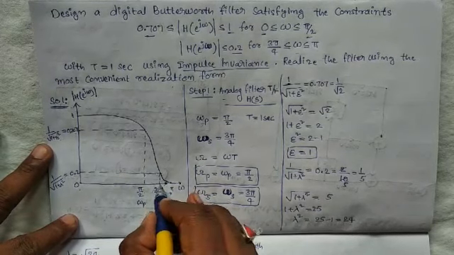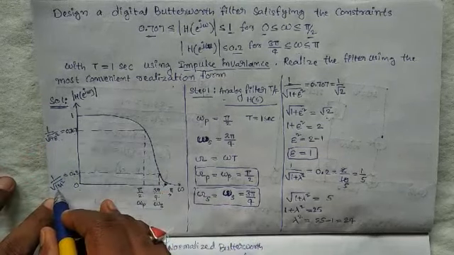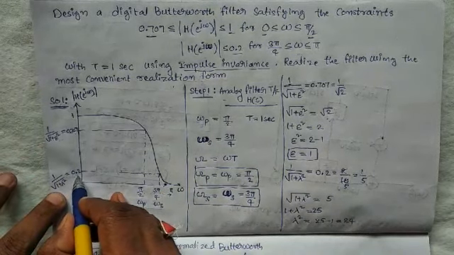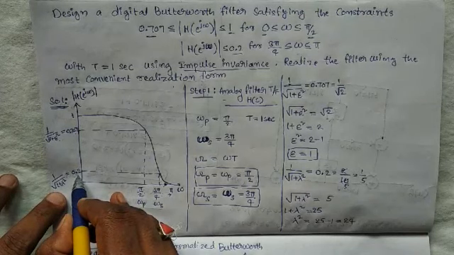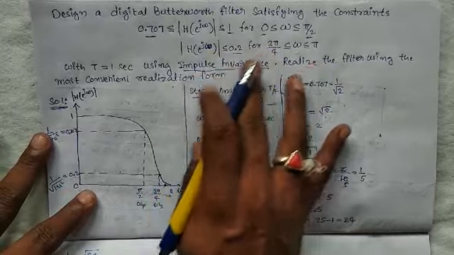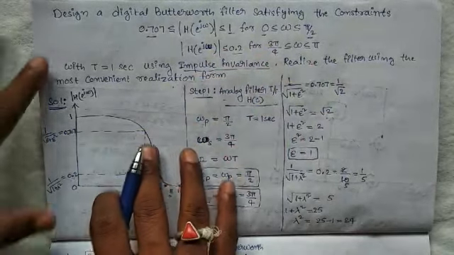At this frequency the corresponding magnitude is 1 by square root of 1 plus λ², which is equal to 0.2. From the given constraints we are designing the Butterworth low pass filter.